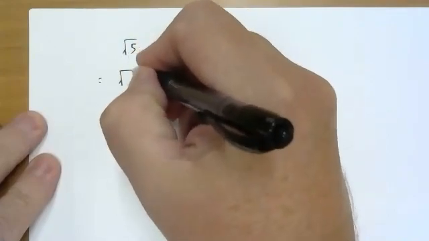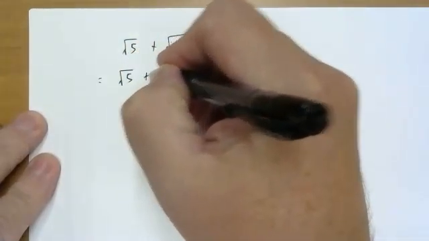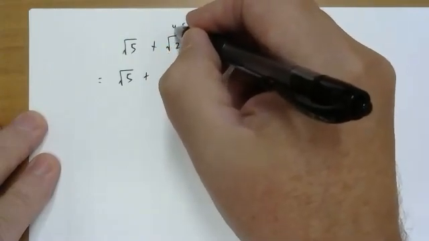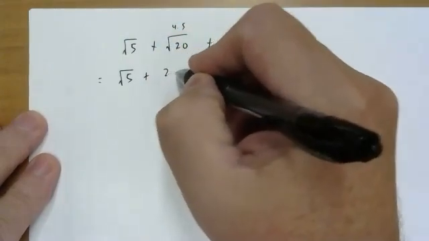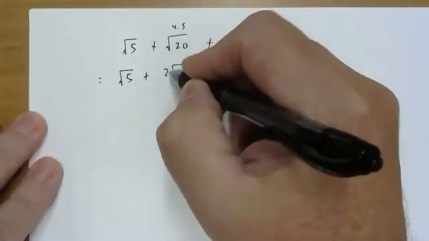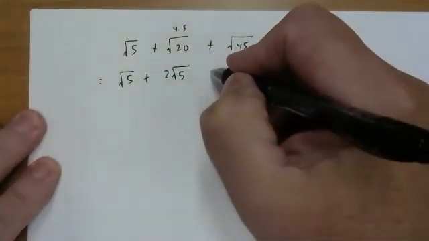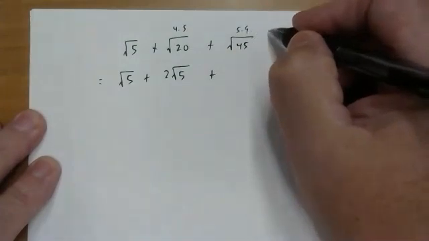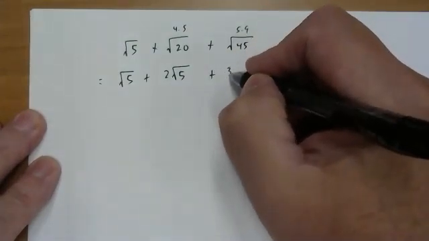Square root of 5 is already simplified. 20, right, is 4 times 5. So the square root of 4 comes out as a 2. So square root of 20 is the same thing as 2 square root of 5. 45 is 5 times 9. The square root of 9 can come out as a 3.